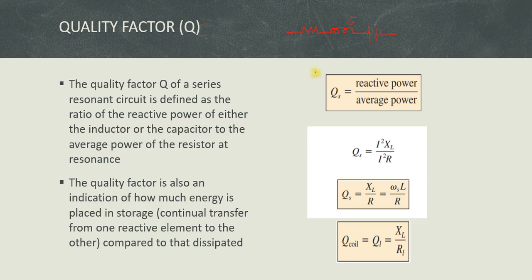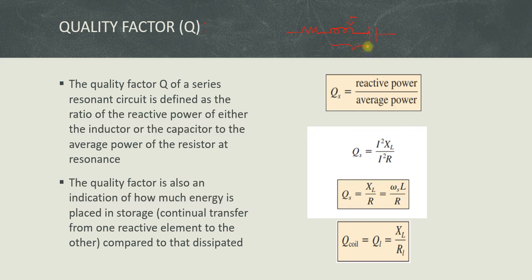The quality factor of the series resonance circuit is defined as the ratio of the reactive power of either the inductor or the capacitor to the average power of the resistor at resonance. Another explanation: there are two elements here.